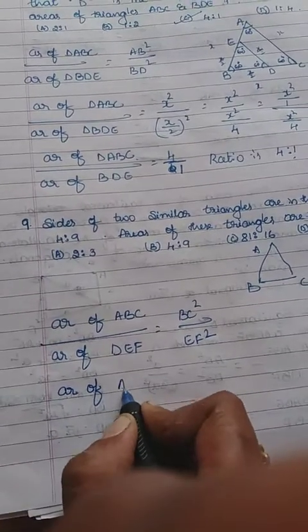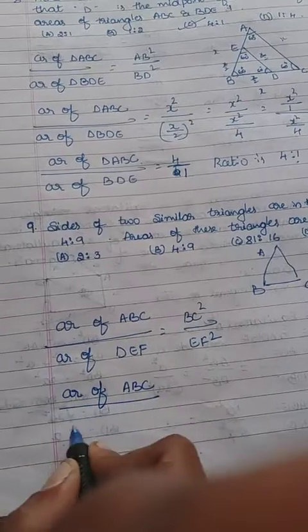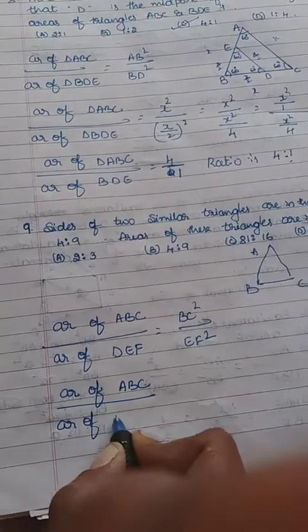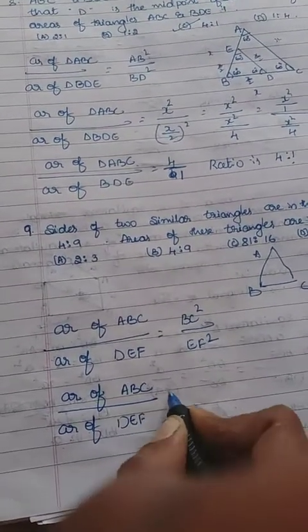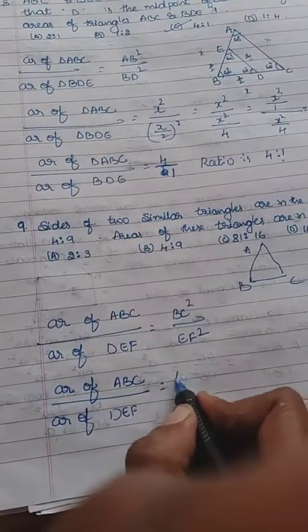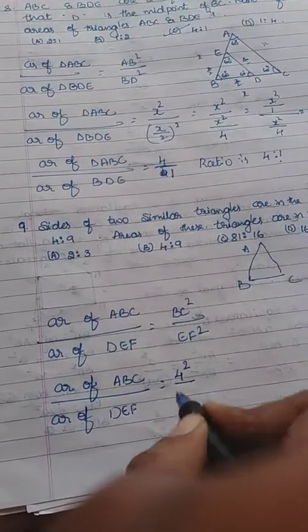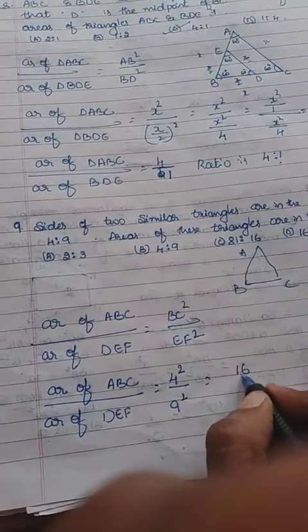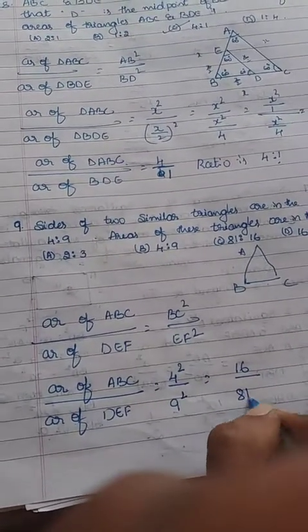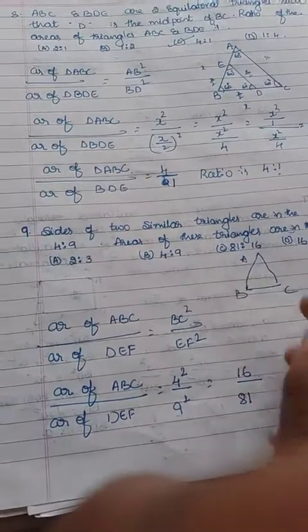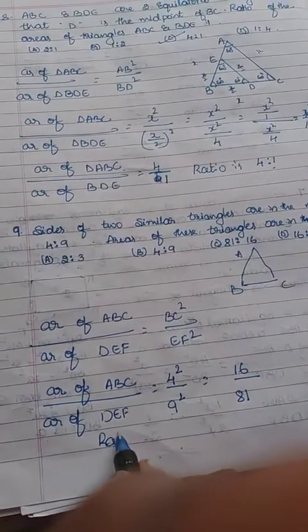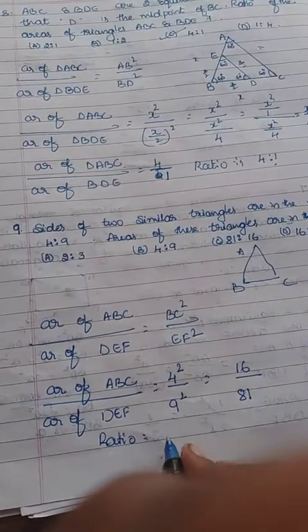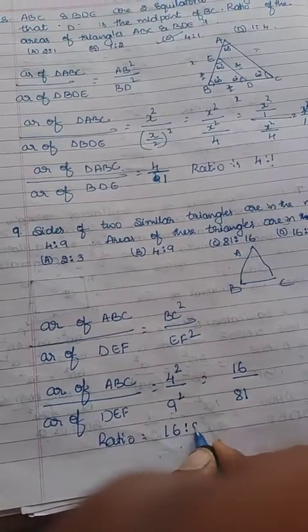It is a very easy sum. 4 divided by 9 squared, so 4 fours are 16, 9 nines are 81. So the ratio of the areas is 16 is to 81.